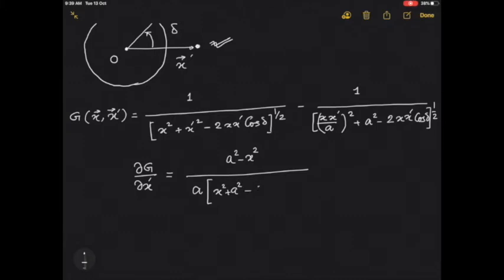Because remember, the surface term of the Green's function solution had this thing, and this I have to calculate at the boundary. So that is x prime equals a. So it doesn't matter whether you write del g del x at a or del g del x prime at a, it will be the same. Just replace x by x prime, because if you look at this Dirichlet Green's function, it is always symmetric in x and x prime. If you exchange x and x prime in this expression, nothing will change.